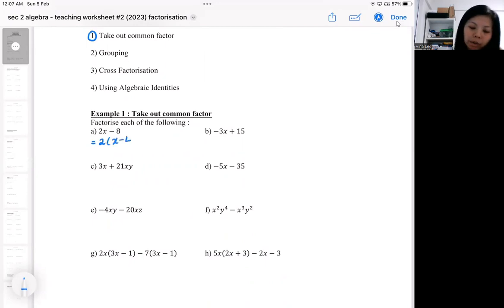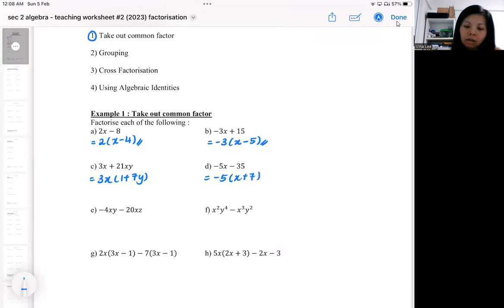Most of you should be able to do this mentally. Here you should be able to see that minus 3 is the common factor. Here 3x is the common factor. I think all this is not foreign to all of you.